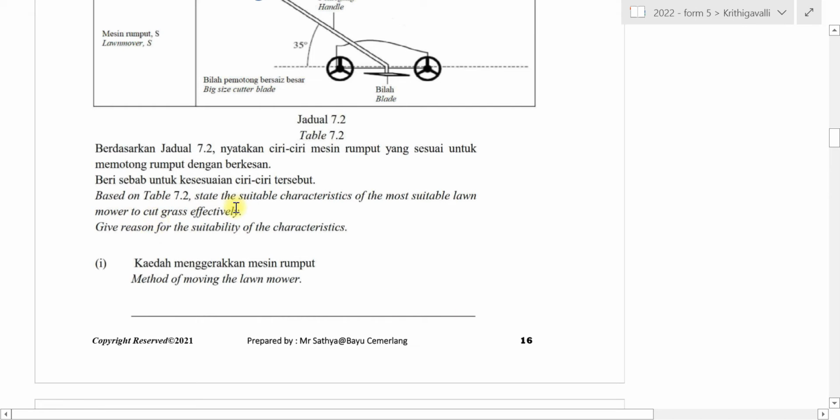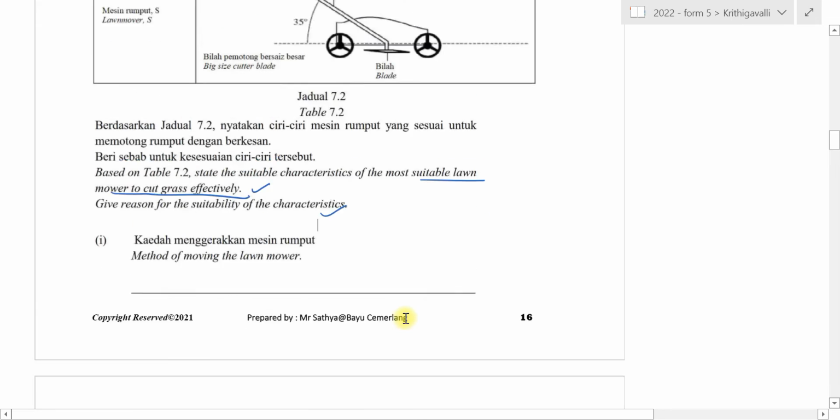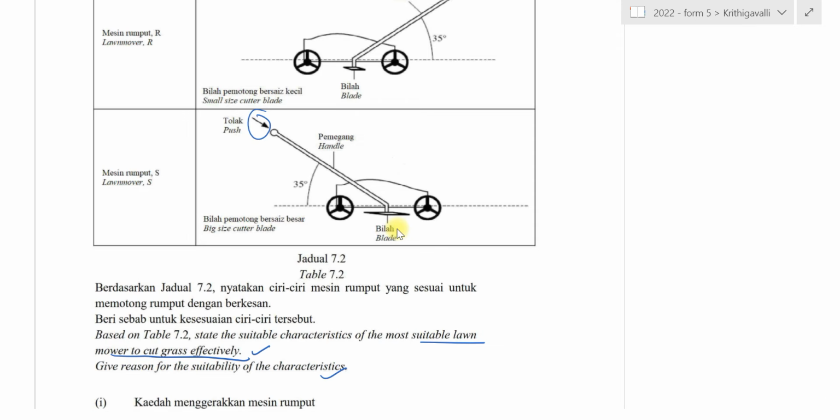All right, so anyway. Based on Table 7.2, state the characteristic of the most suitable lawn mower to cut the grass effectively. Give reason. Okay, first they want the method. So you want to cut the grass, make sure the downward force is greater. That is our concern here. If you push up, it won't cut the grass effectively. You push downward more and more, it will cut the grass effectively.